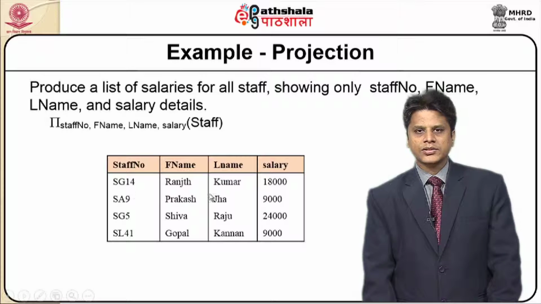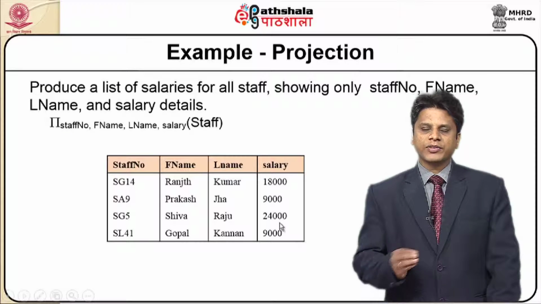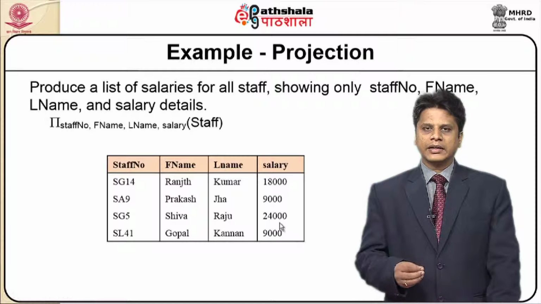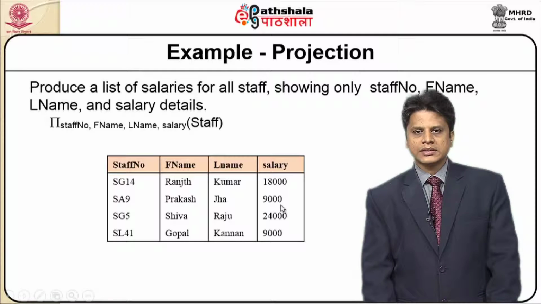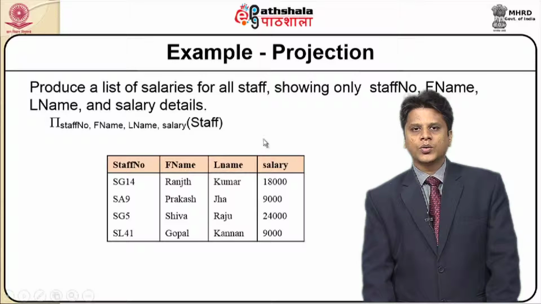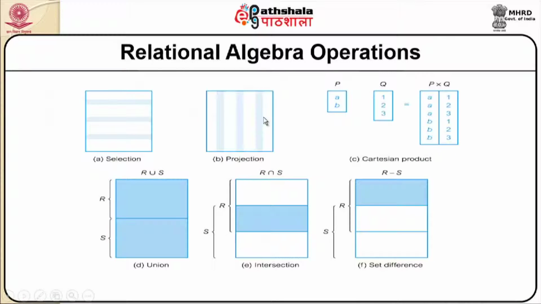So this gives all the values, not a specific value as in the previous case where we indicated salary greater than 10,000. This has given all the values whose attributes vary. Again referring to the previous table, this has highlighted only attributes of this particular relation.